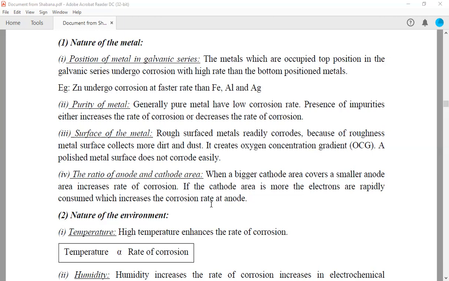The rate of corrosion is least even at elevated temperatures because the specific volume ratio is inversely proportional to the rate of corrosion. So that is about the ratio of anodic and cathodic area. Coming to the second factor, that is the nature of environment.